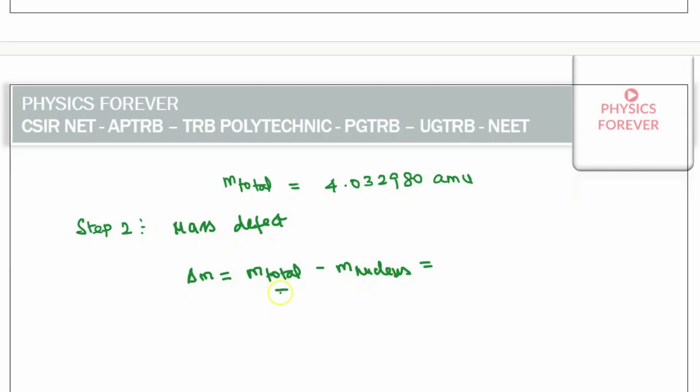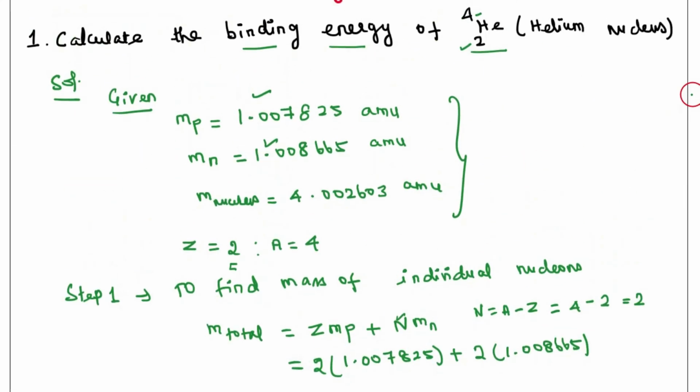அப்போ நம்மளுக்கு தெரியும் what is the total mass. Already we have to find out 4.032980, then minus what is the mass of the nucleus. So these are all the constant values. So இங்க இருக்கு.